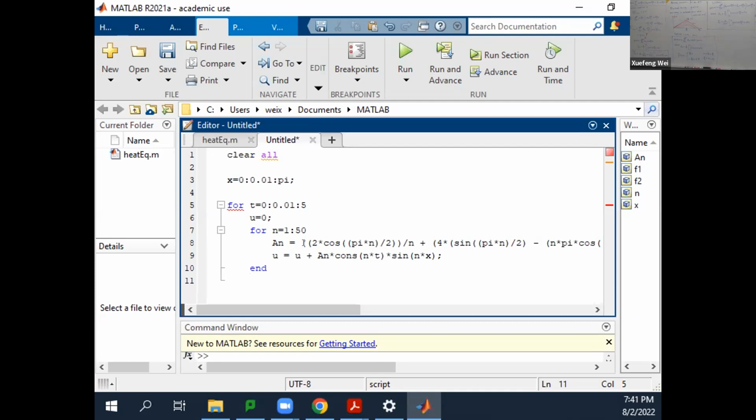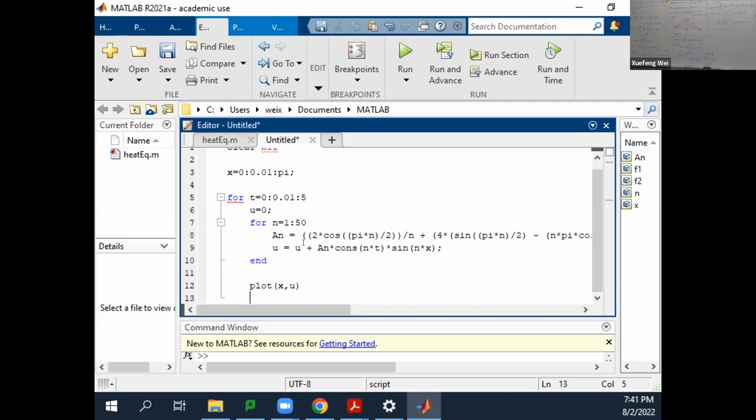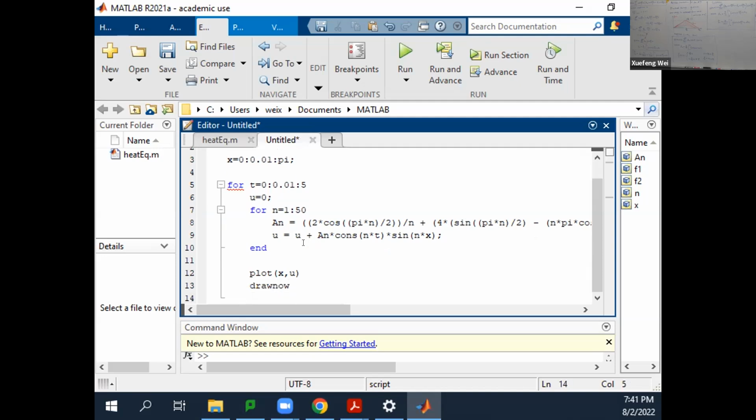So I'm going to plot X against U. Then I will add a little bit of pause. I normally say draw now, and then pause for a little bit.